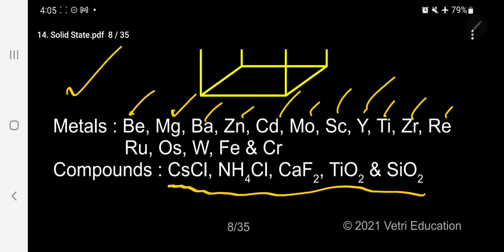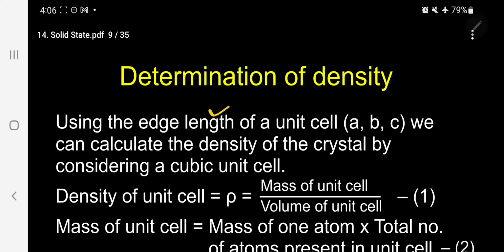Okay. Let me come to the determination of density. Using the edge length of unit cells, that is, kindly follow intercepts a, b, c, we can calculate the density of a crystal by considering the cubic unit cell. What is the density of the unit cell?